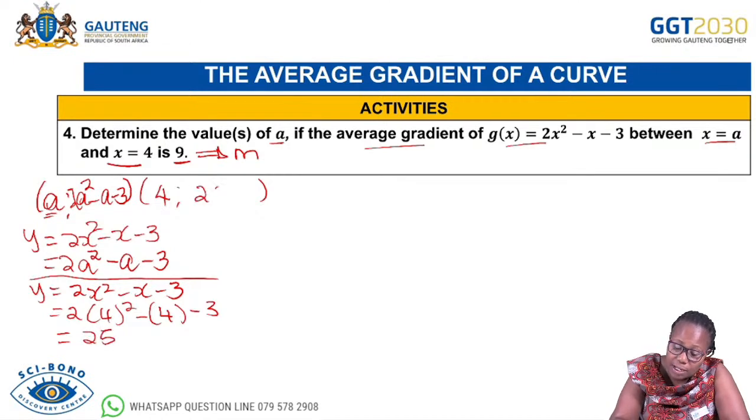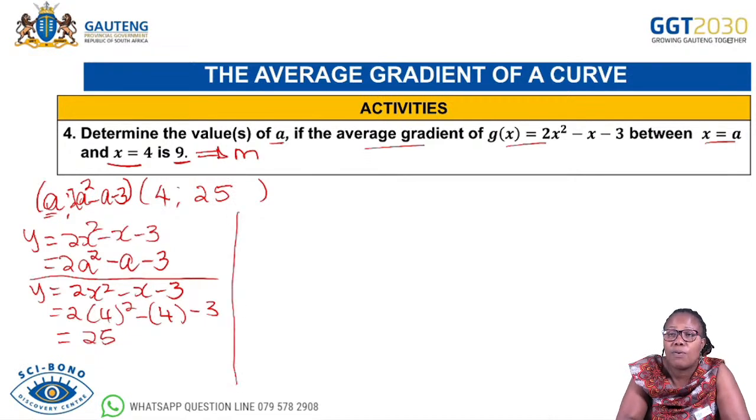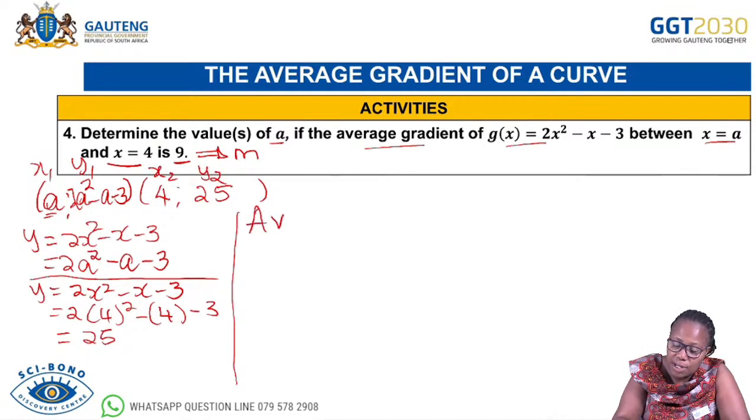And then plug in, so this is coordinate 4 and 25. Happy now, we have our coordinates. First bracket is x1, y1. Second bracket x2, y2. Average gradient still the same. Equation, nothing has changed. Right.